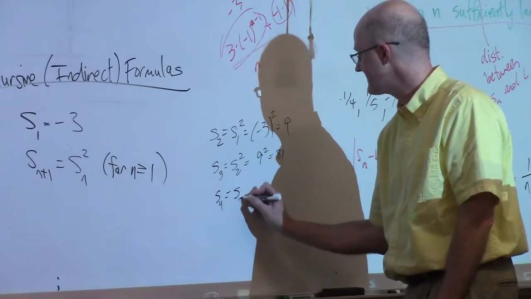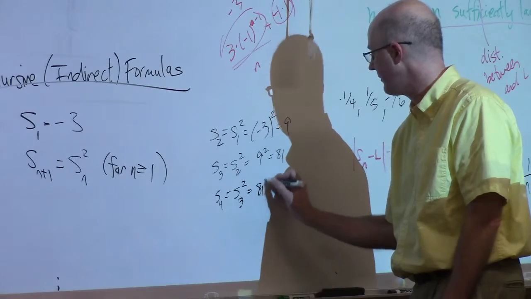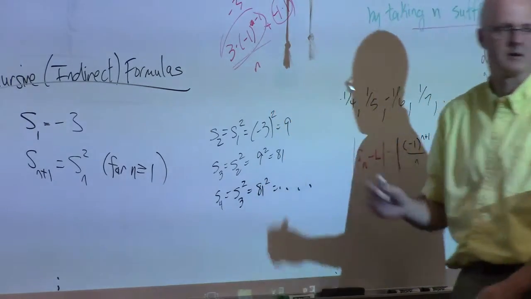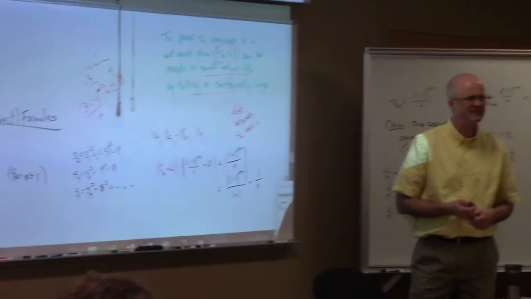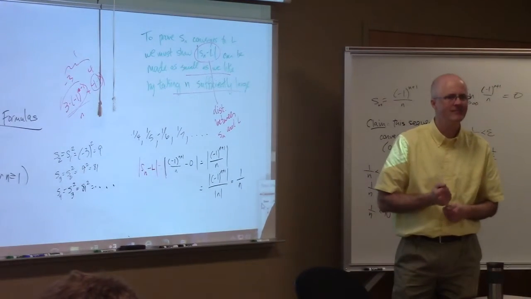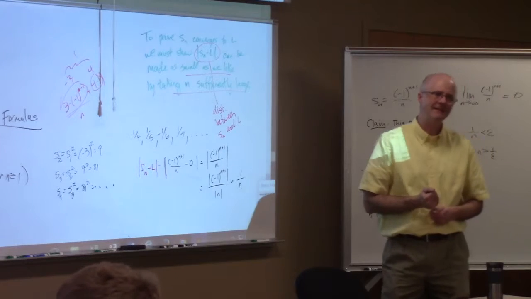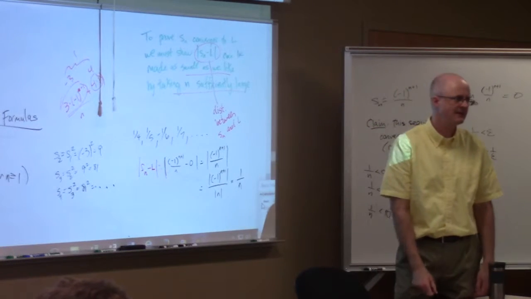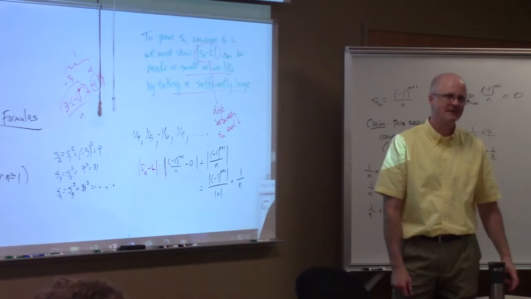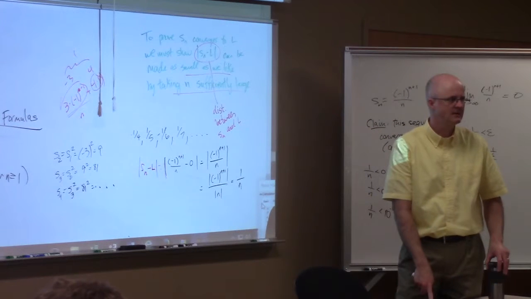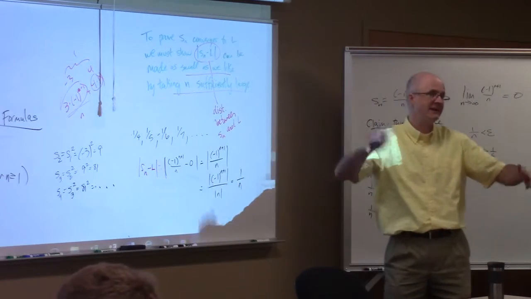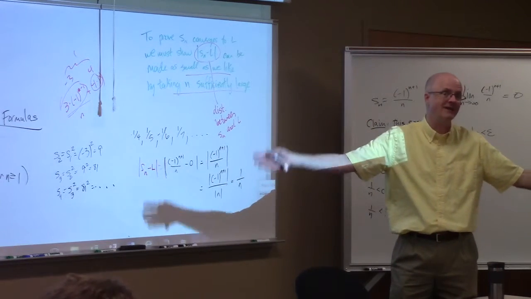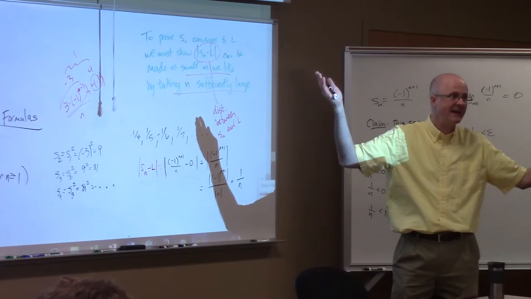S4 is S3 squared, 81 squared, which is 6,000 something. And then I take that 6,000 something and square it to get the next number. 6,000 squared is, what, 36 million? I get somewhere in the ballpark of 40 million. I'd have to square that number and get, what, somewhere in the trillions, I guess?